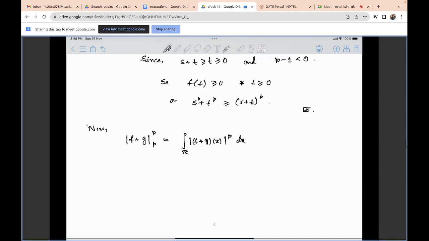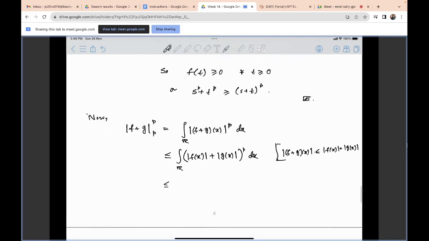Now we use that |f plus g|(x) is less than |f(x)| plus |g(x)|. Use this, then you will get the integral of (|f(x)| plus |g(x)|) to the power p dx.